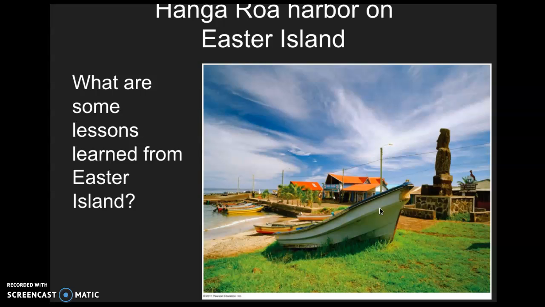And then an epidemic of starvation and disease removed a lot of the people that were living there. So the consequences were that no one could leave the island. They had used up all their trees and they couldn't build any more boats. The population had reduced to a few thousand by 1722.